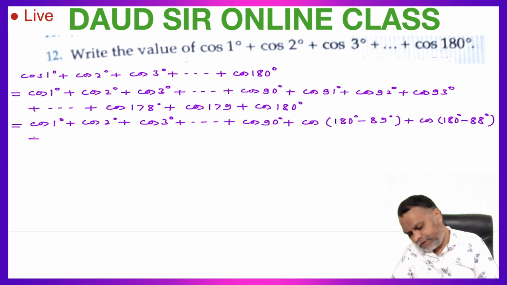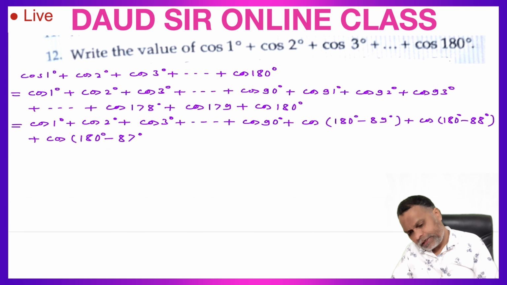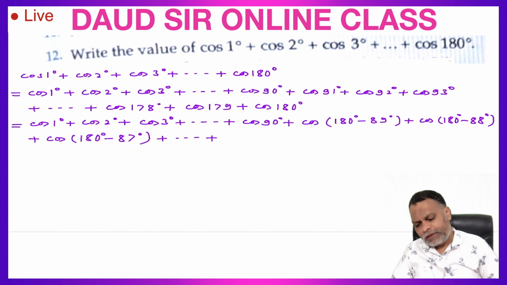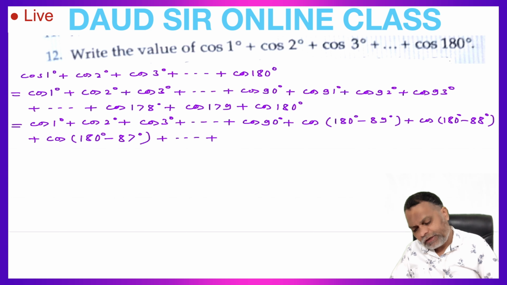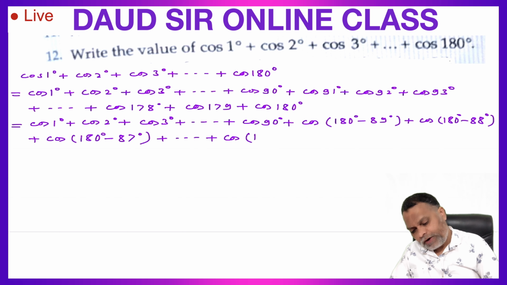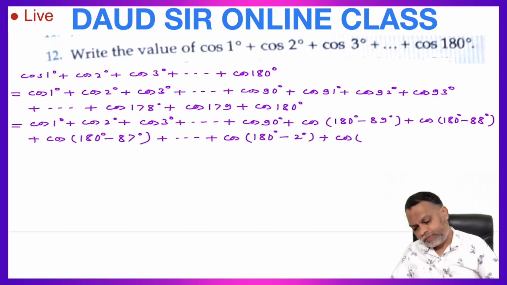And this cos 93 we can write cos 180 degree minus 87 degree plus up to dot dot plus this cos 78 degree. Cos 78 we can write cos 180 degree minus 2 degree plus cos 79 we can write cos 180 minus 1 degree plus this cos 80 as it is.